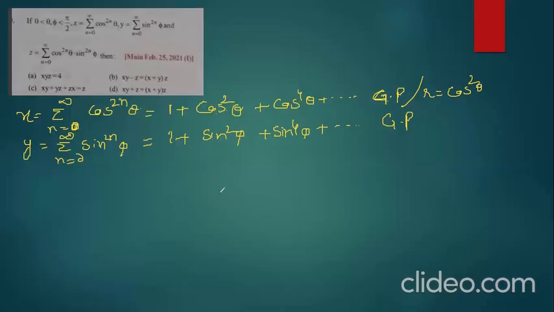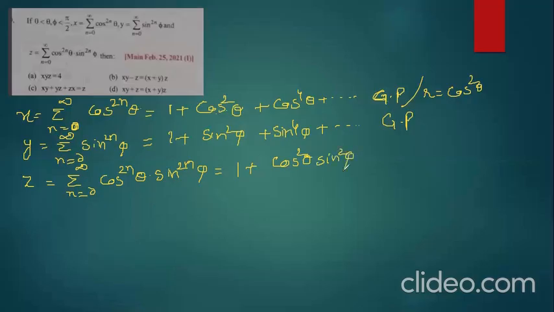How do we write z? z is equal to sigma n is equal to 0 to infinity cos to the power of 2n theta into sine to the power of 2n phi. Both are mixing in this case. If you put n as 0, you get 1. So the first term is 1, plus cos square theta sine square phi.